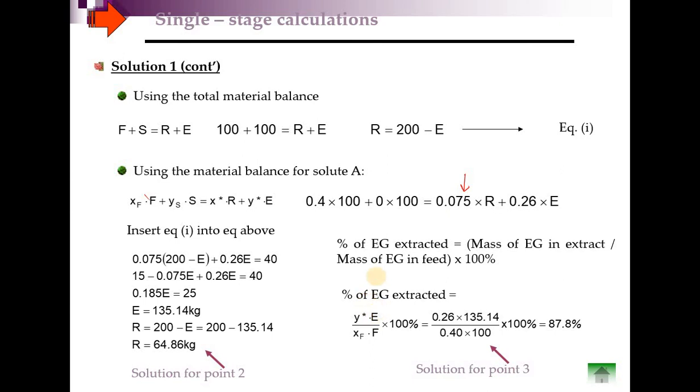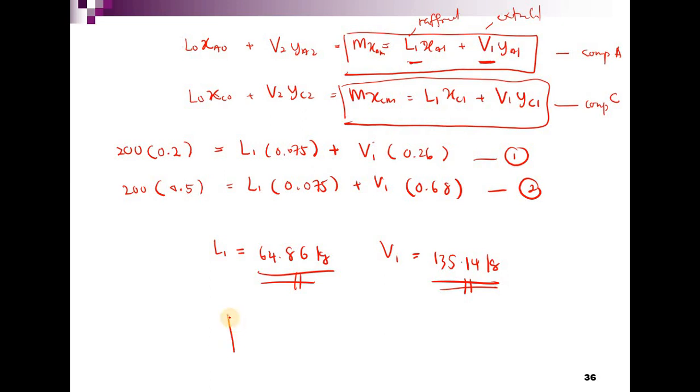If you want to know how much ethylene glycol has been extracted, you multiply V1 with yA1, the composition of A here, and divide by L0 xA0, times 100.